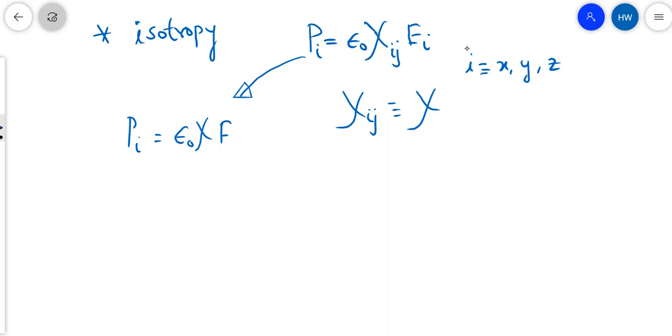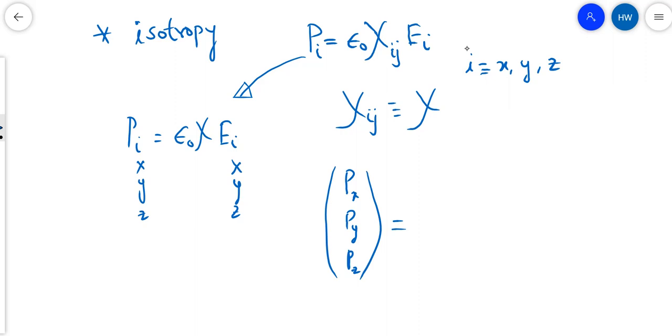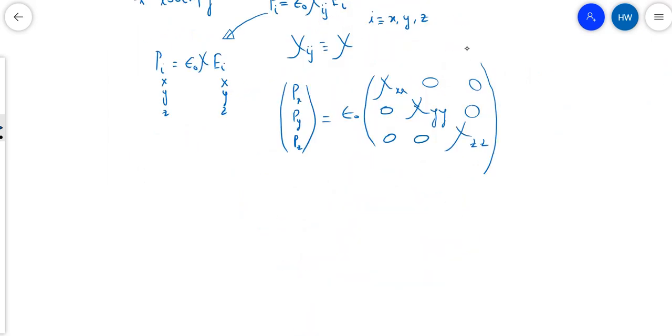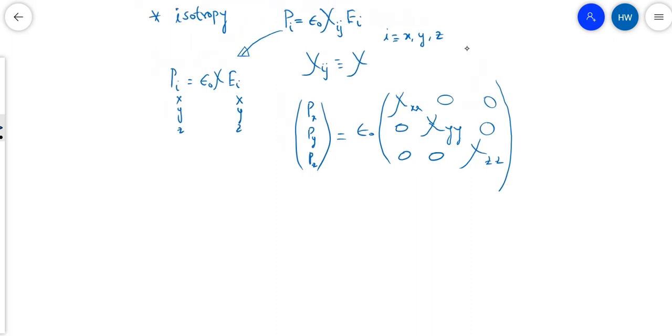in that case, the above most general equation reduces: my x component of the electric field generates an x component of the polarization. Similarly, y generates a y, z component generates a z. So if I write it down, in my most general scenario, I can write my P as a matrix with Px, Py, and Pz, chi xx, chi yy, chi zz.